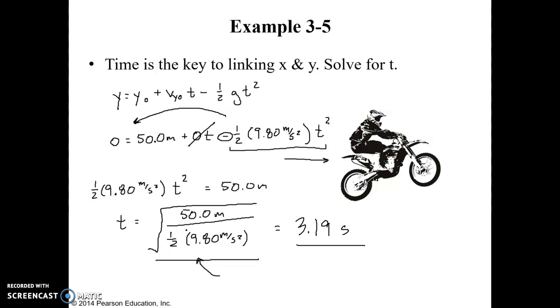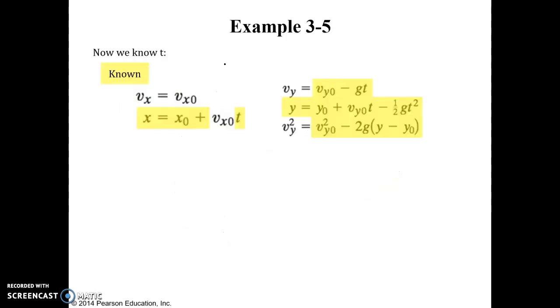So if you need to, break it down into individual steps. Find 1/2 times 9.8 first, then take 50 divided by that answer and write that down, and then take the square root of it. You don't have to put it all into the calculator all at once. So just be mindful of that and watch out for the silly calculator mistakes.